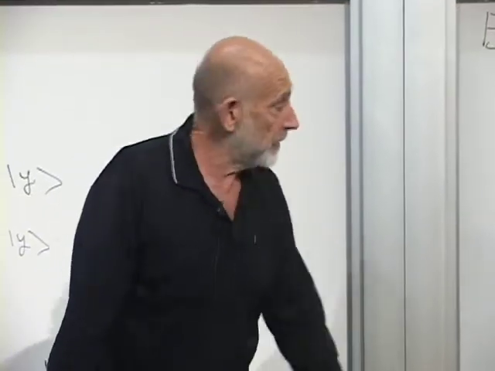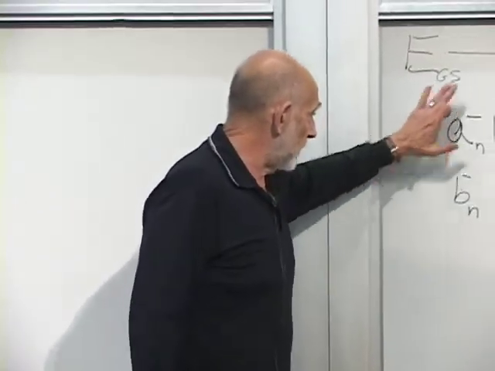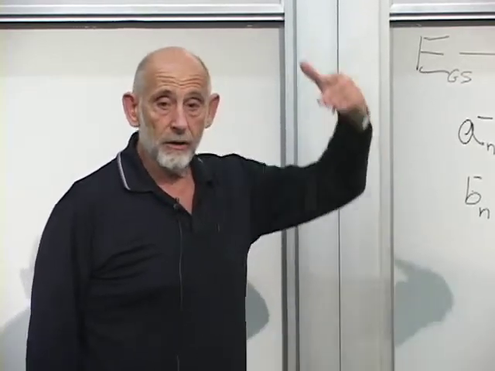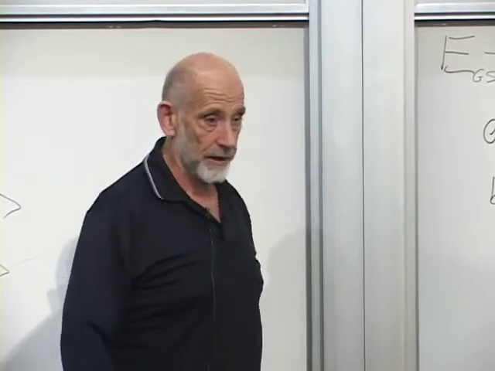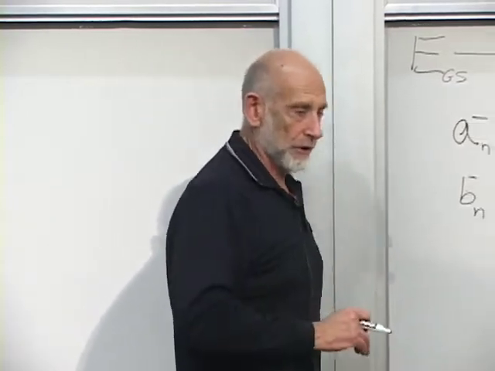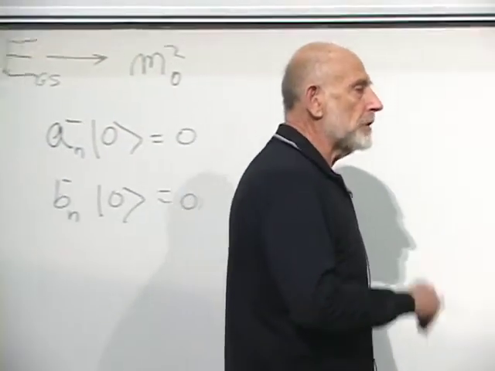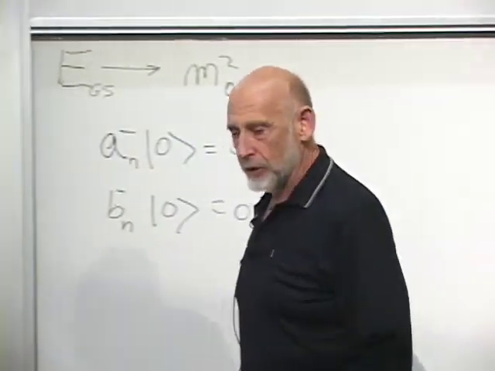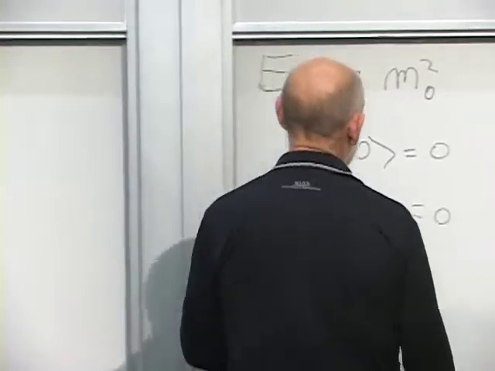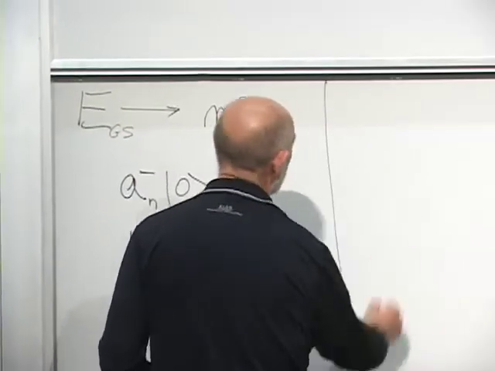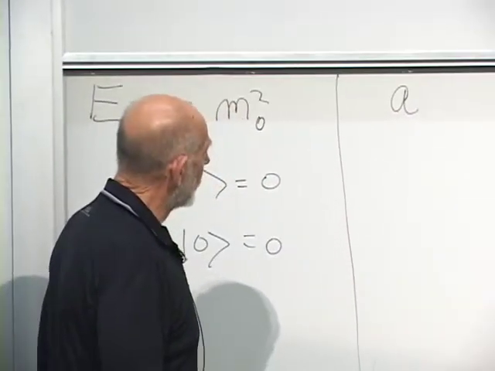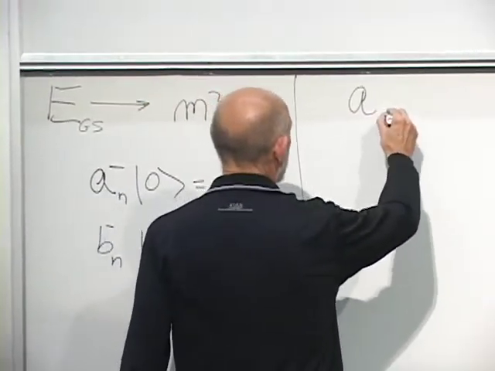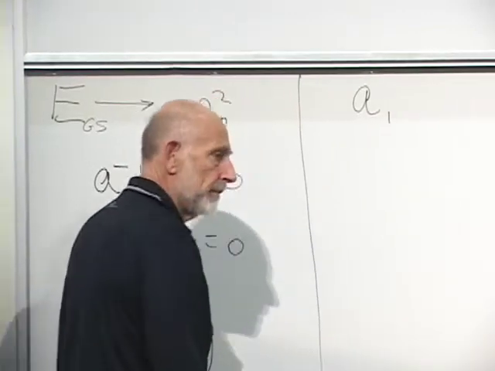But whatever it is, when we excite it, we will increase it by integer amounts of energy. So let's see how we can excite it, what the lowest energy excitation is. What's the cheapest thing in energy we can do to it? The cheapest thing is to apply the creation operators, the raising operators, but the lowest one, A1.